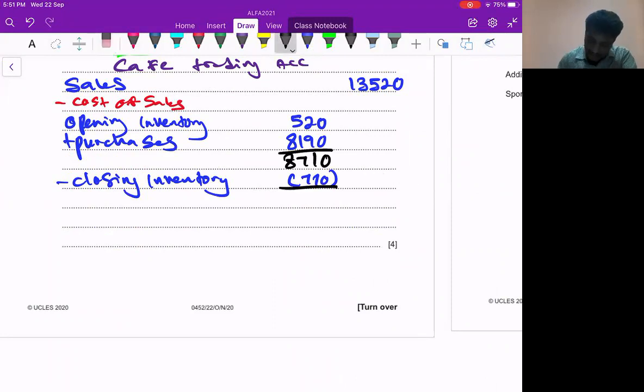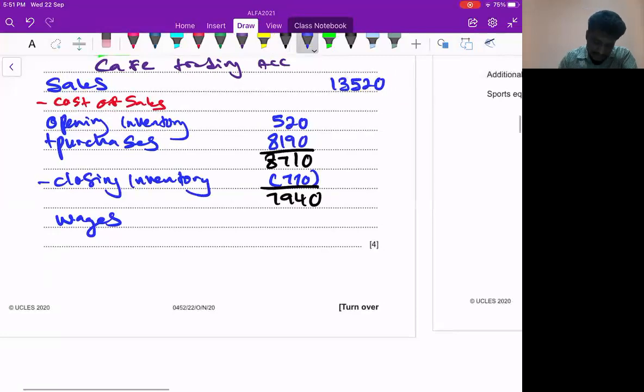Now I write here because this is a club and society. In a club and society's trading account, you need to add the expenses for the cafe, then only you minus together. So this one will be plus the cafe wages. How much are the cafe wages? Wages for cafe staff.